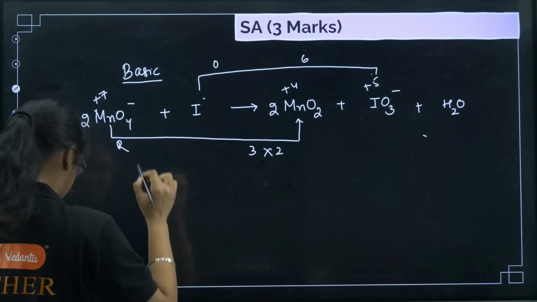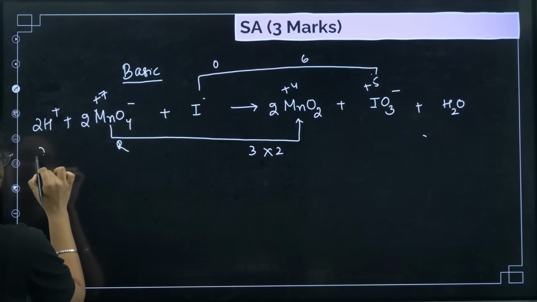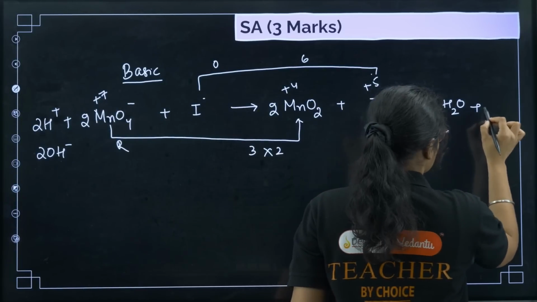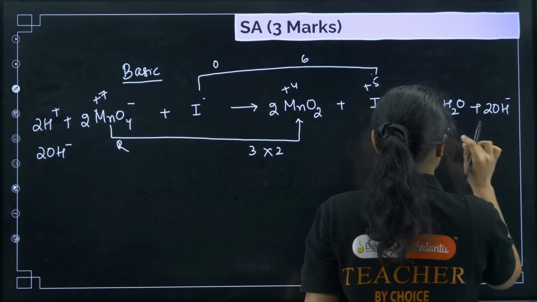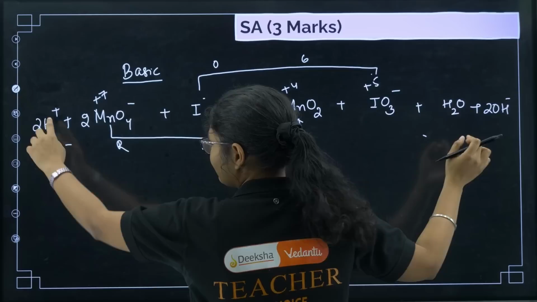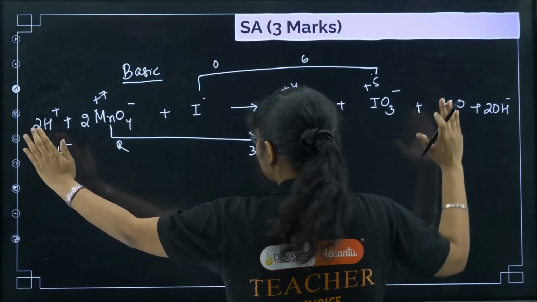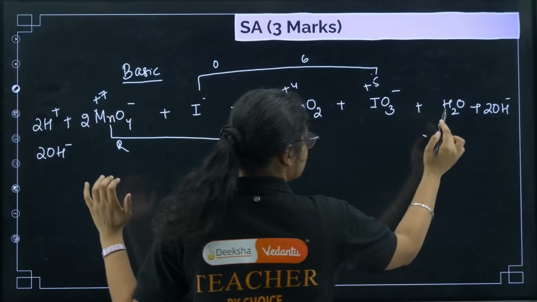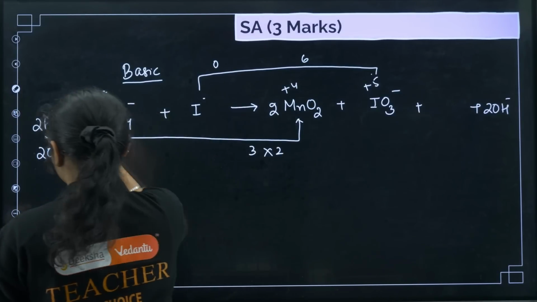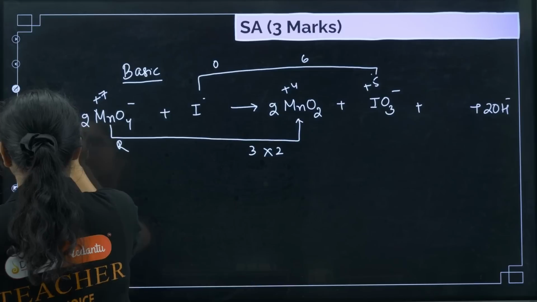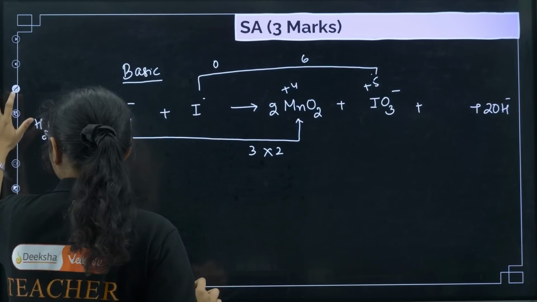Now it has to be in the basic or neutral medium, so I will add 2OH minus as well, and here also I will add 2OH minus, right? Now you remember, 2H plus and 2OH minus will make two water molecules, and this side I have one water molecule, so I can cancel this one, and I will get here one water molecule. Okay, so this will be my final equation.